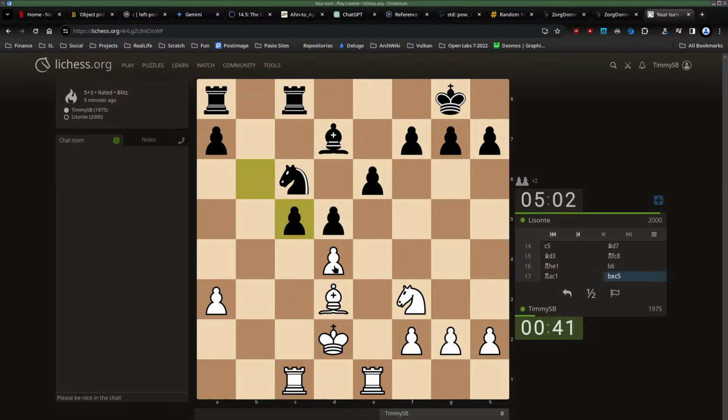Oh, why not a free pawn? Push this. I can't push it immediately.